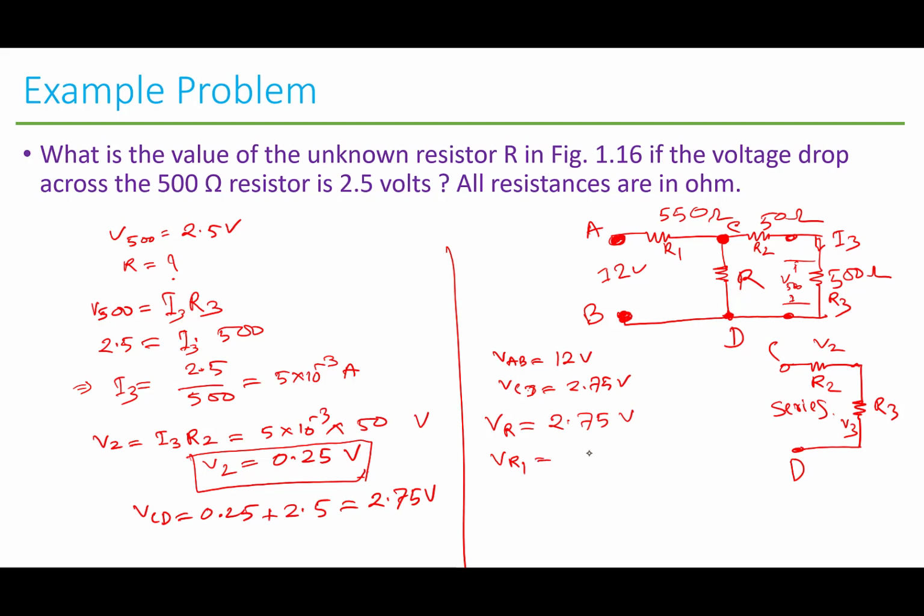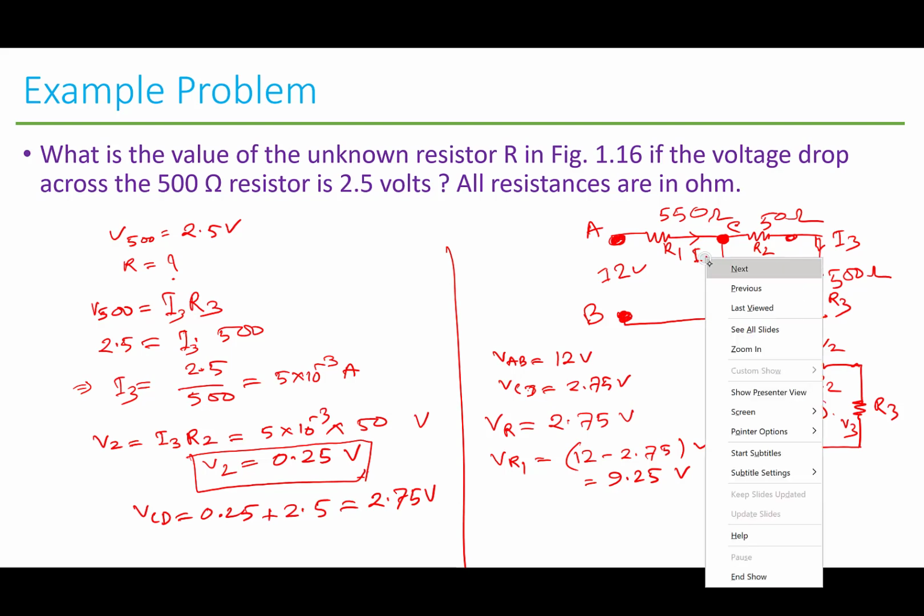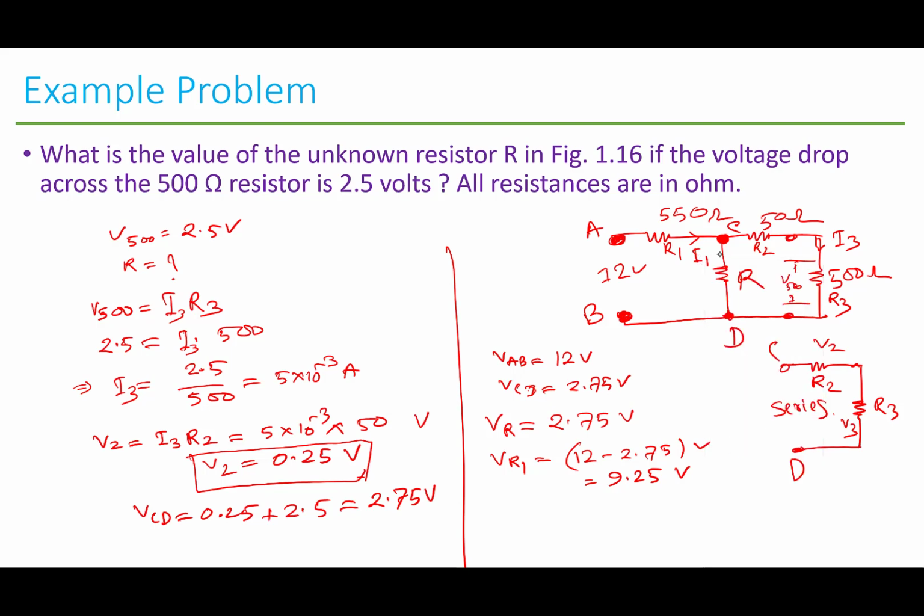Now what is the value of the voltage VR1? That will be equal to 12 minus 2.75 volts, which is equal to 9.25 volts. Now you know the voltage across R1, so you know the current, this one, say it's I1.